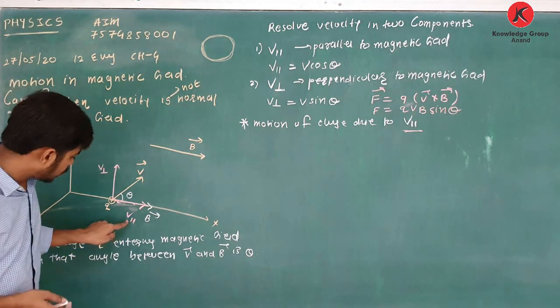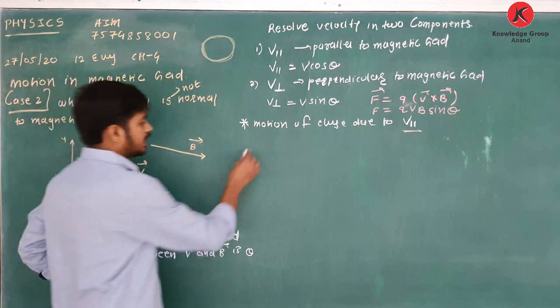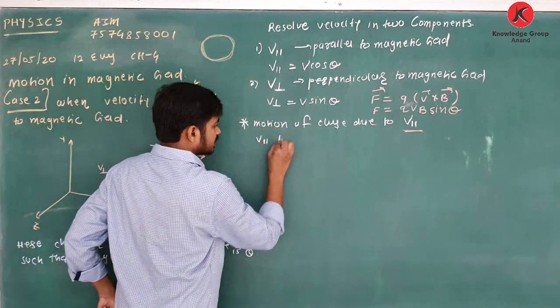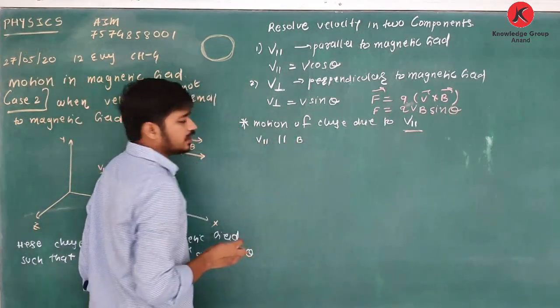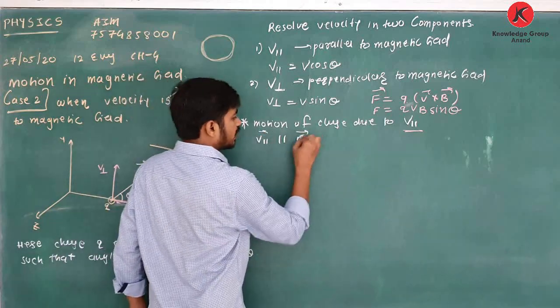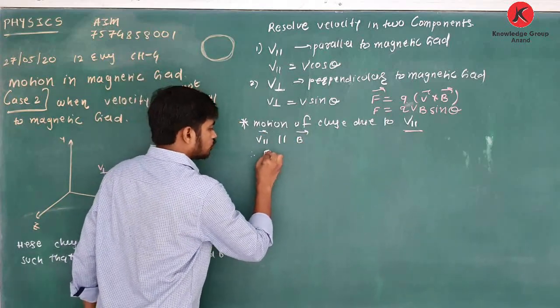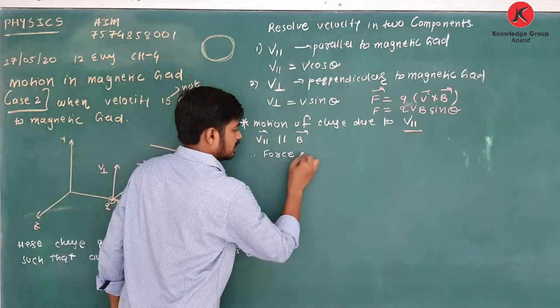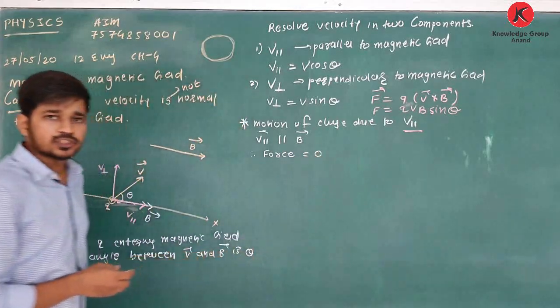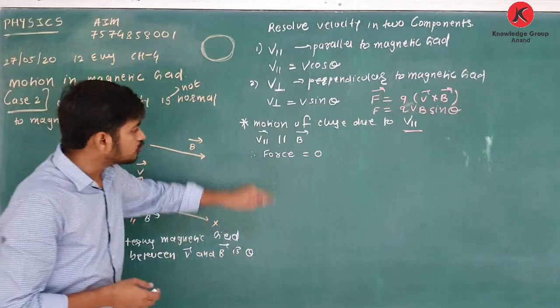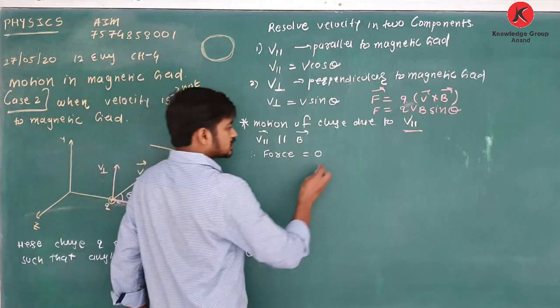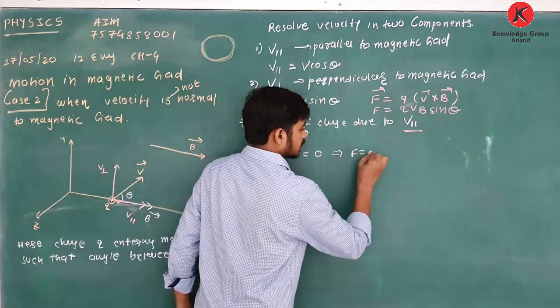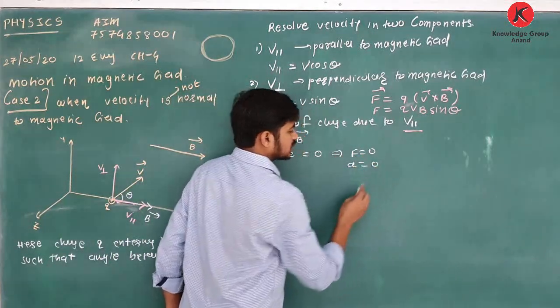Why zero? Because v parallel is parallel to the magnetic field. So therefore, force is equal to 0. Now force equal to 0 means what? It means acceleration is equal to 0.